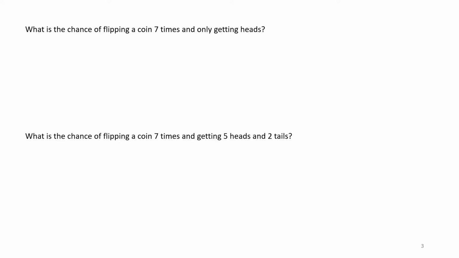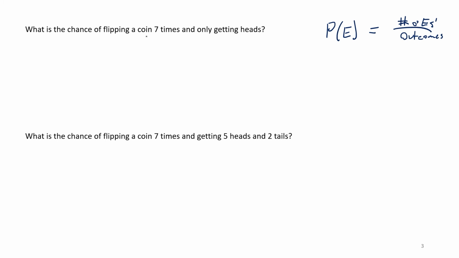All right? What is the chance of flipping a coin 7 times and only getting heads? The number of ways you can only get heads. So again, probability of E equals number of ways E can happen, number of E's, over all of the outcomes.